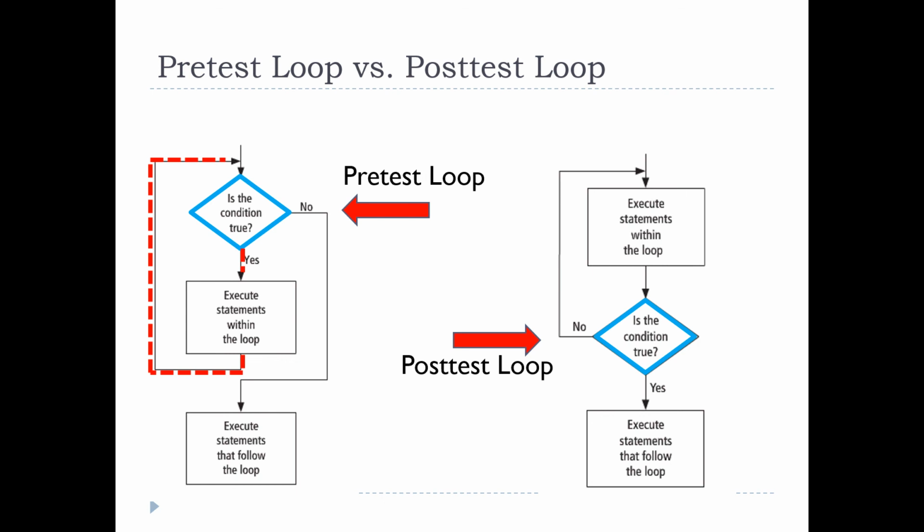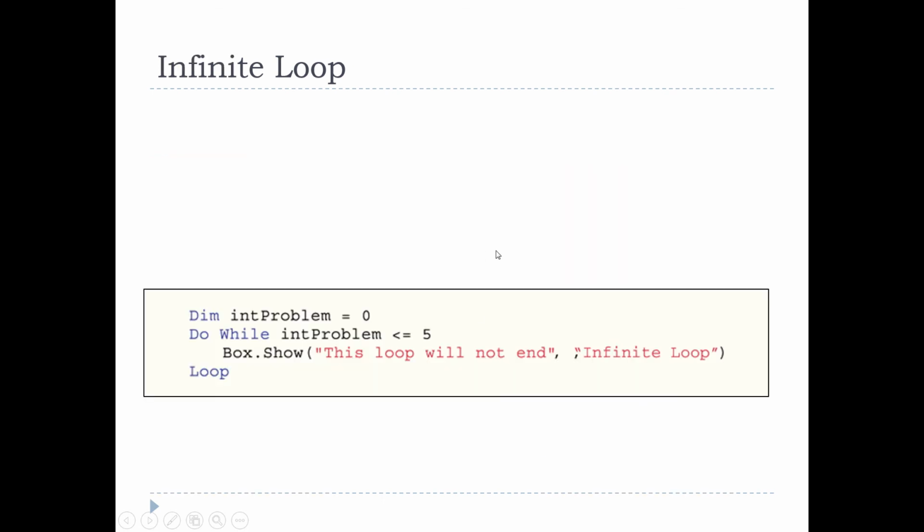It may never be executed because the condition is always false. But the posttest loop doesn't care what the condition is. It will run the code one time. It tests down here, and if it's false, then it will just exit out. Okay. Again, I think the wording is wrong here. It should be yes and no here.